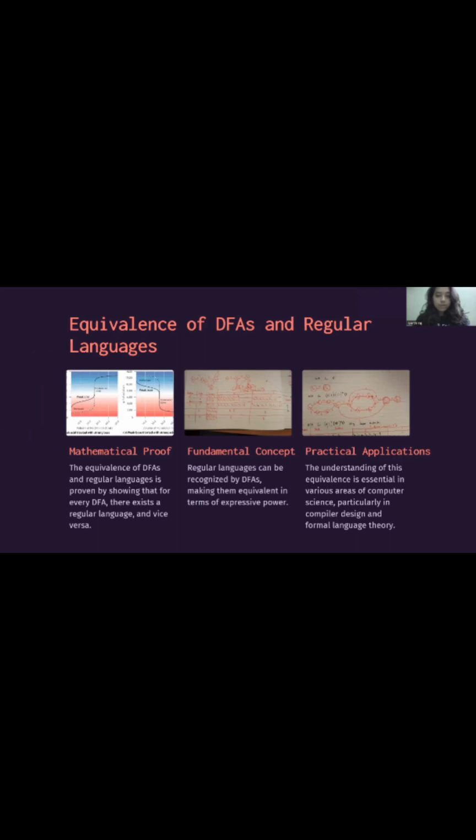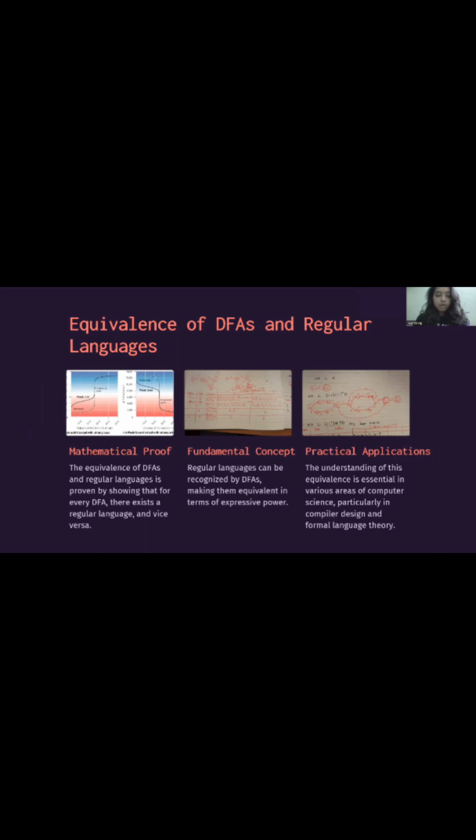Equivalence of DFAs and regular language. Mathematical proof. The equivalence of DFAs and regular languages is shown by proving that for every DFA, there exists a regular language and vice versa. Fundamental concept.